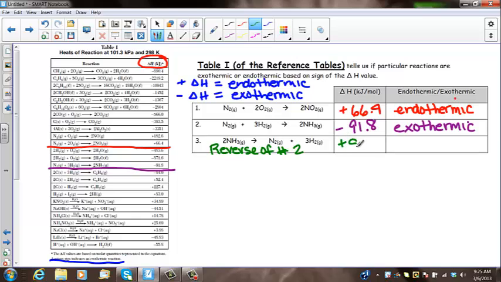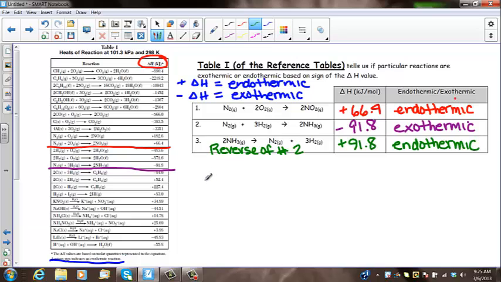So this is going to be a positive 91.8, because here, to form NH3, we released 91.8 kilojoules of energy per mole. Now to break bonds, remember, a window doesn't break by itself. We need energy. Energy has to be absorbed for it to break. This makes sense that we're going to absorb 91.8 kilojoules per mole in order to break the bonds.